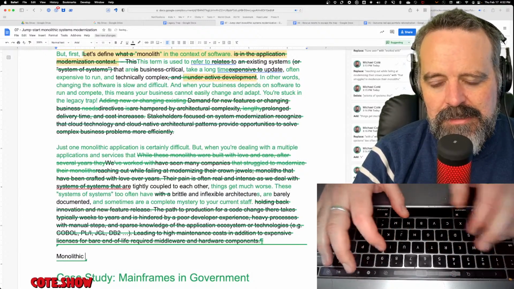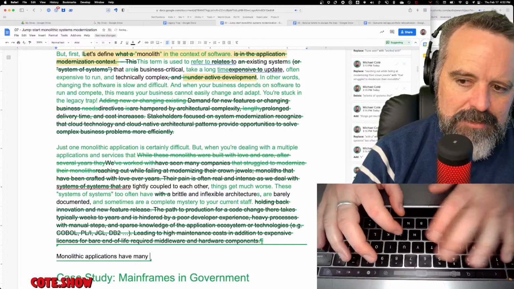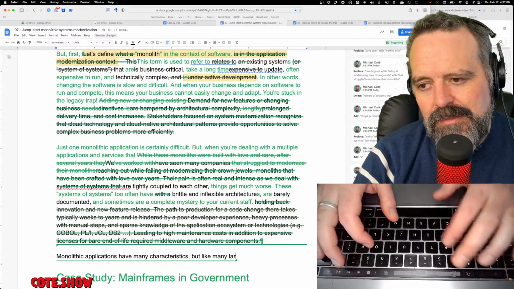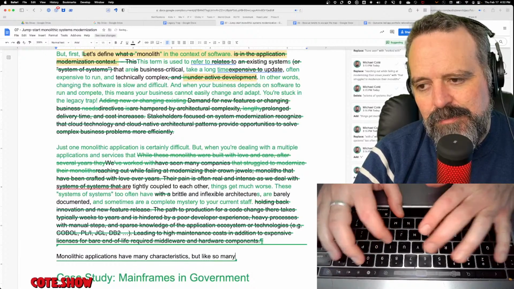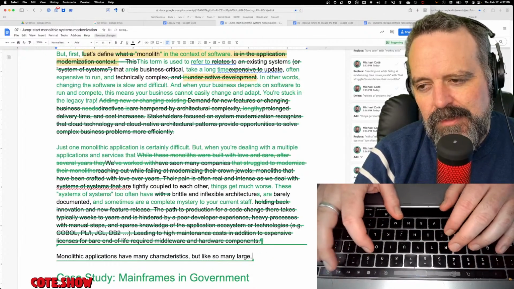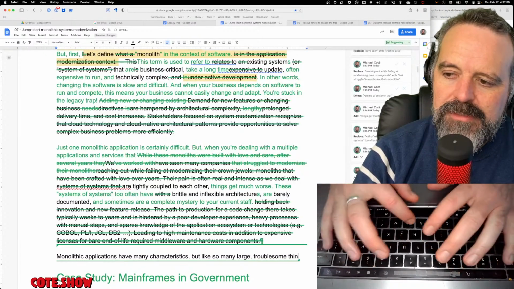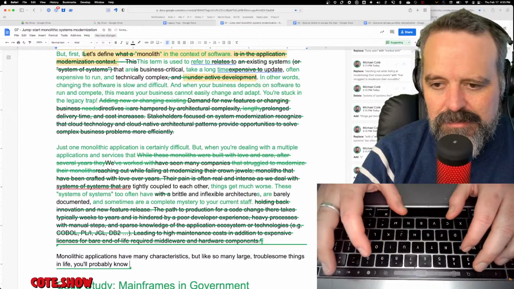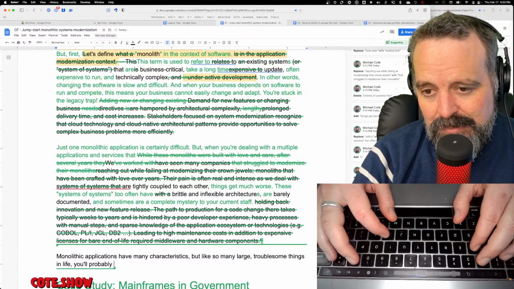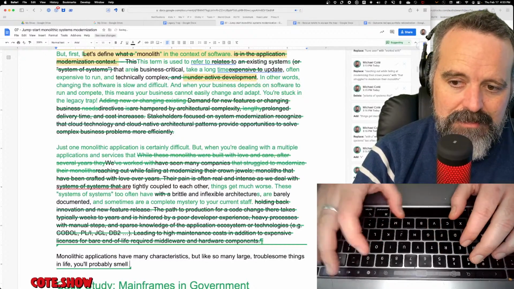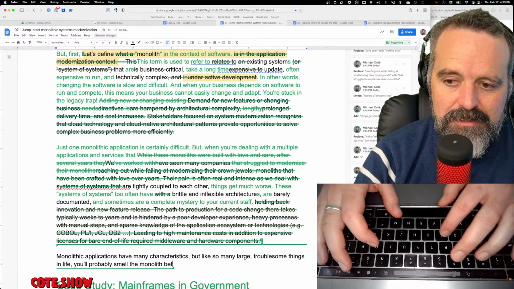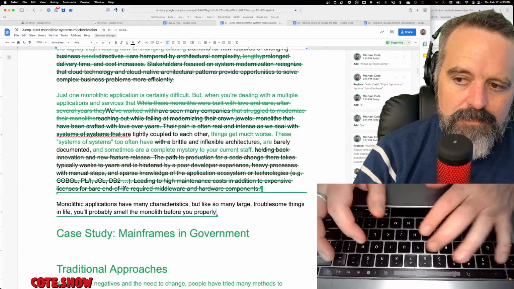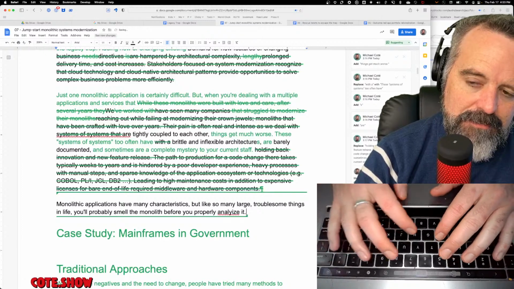Monolithic applications have many characteristics, but like so many large, troublesome things in life, you'll probably smell the monolith before you properly analyze it.